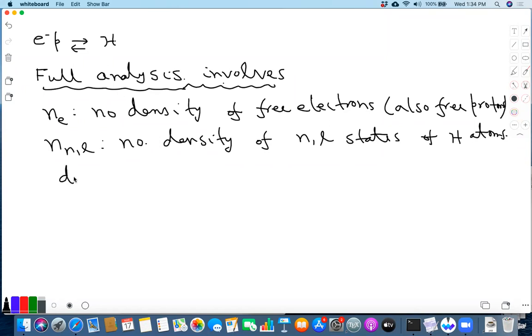And then you set up an appropriate differential equation that takes into account the processes that produce this as well as processes which annihilate this. So this is equal to the rate of production minus rate of annihilation.